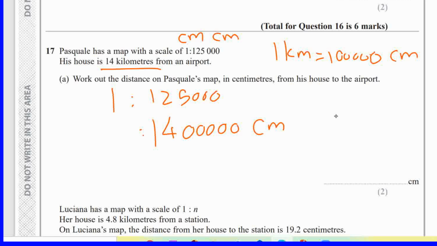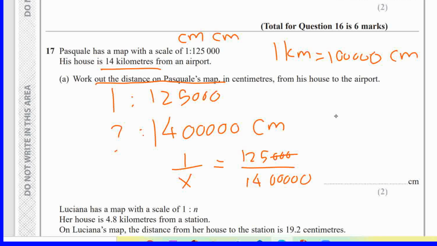And then the distance on the map will be this one. So we just have to do 1 over x, this will be the x, 125,000 over 1,400,000. Now we cancel out the zeros here and here, and then we can count with calculator. Cross multiply.